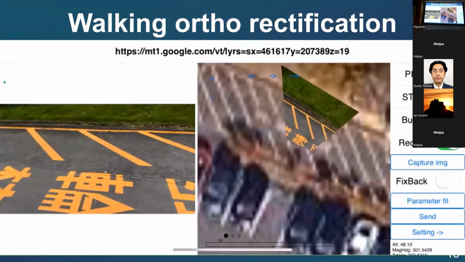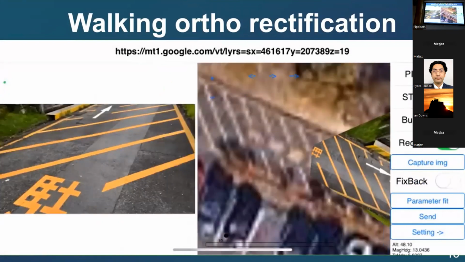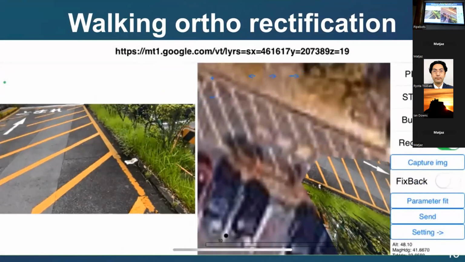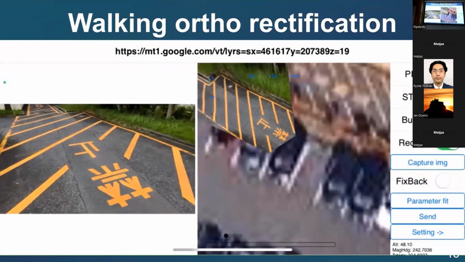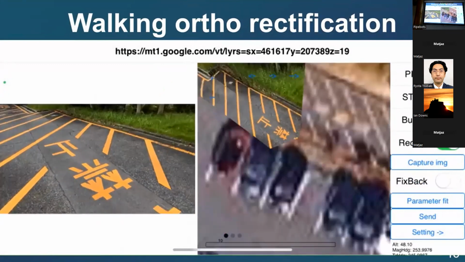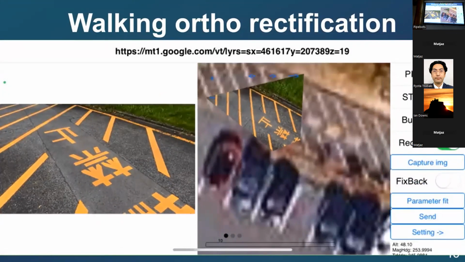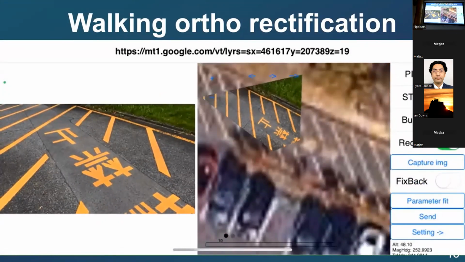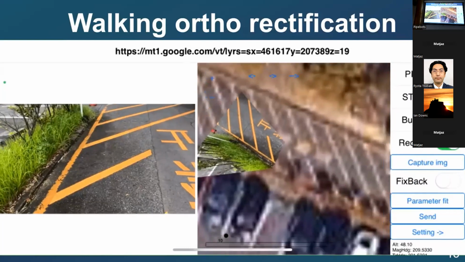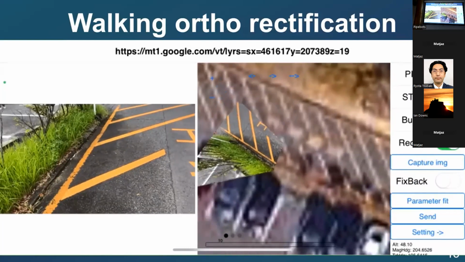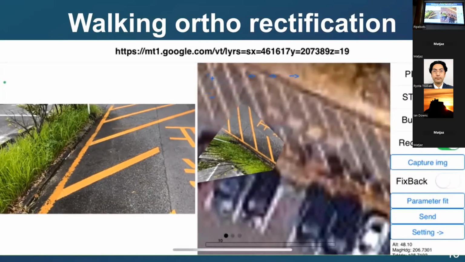So walking in the parking lot, the camera image is also rectified on the right-hand side in real time and overlaid on the Google Maps satellite images. The position matching is not perfect, but not so bad. The ground here has an undulation, and such undulation is not accounted for in the auto rectification at this time.